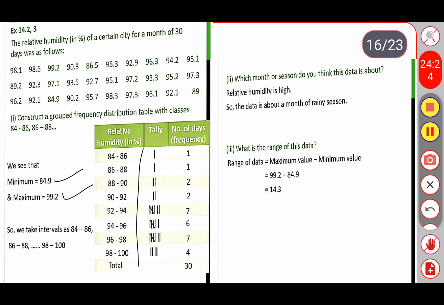Now the humidity percentage: only one value lies between 84 to 86. From 86 to 88 also only one value is there.